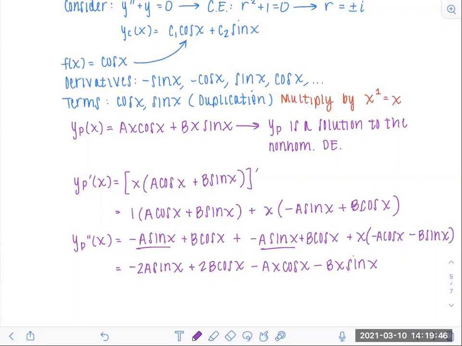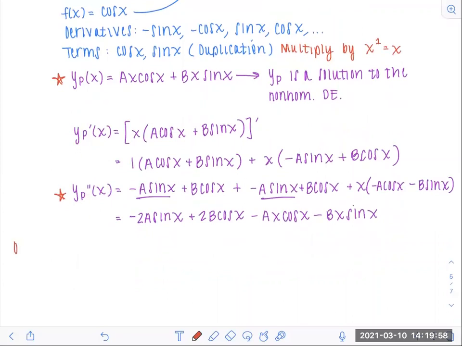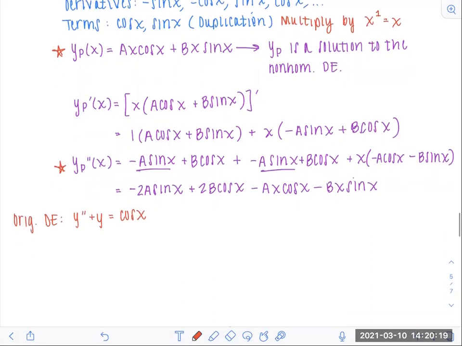All right, I need to use yp and yp double prime to plug this into the original DE. Let me just remind you, the original non-homogeneous DE said y double prime plus y equals cosine of x. So we're going to plug this in using our yp and yp double prime.